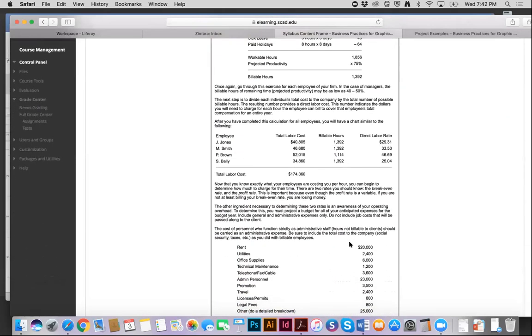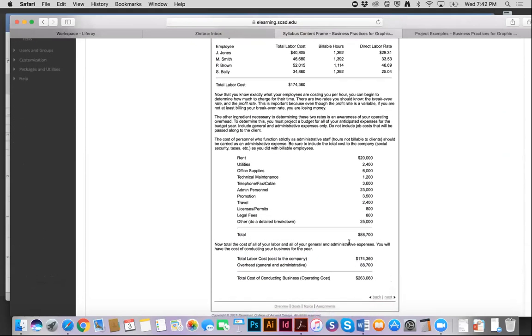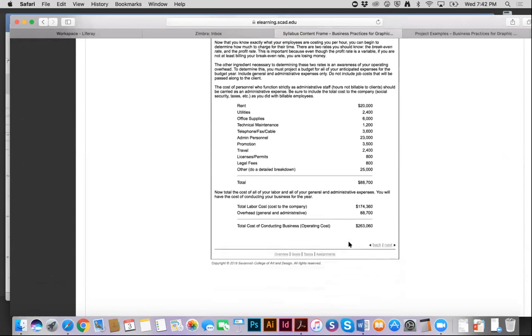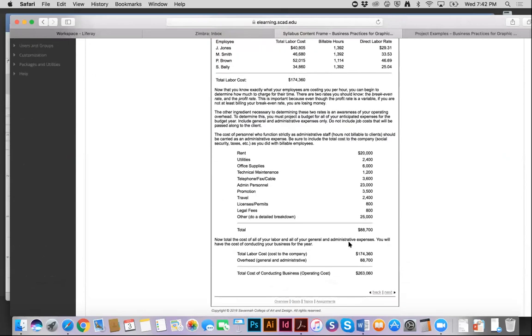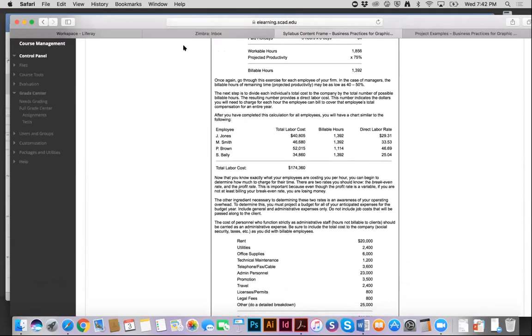So you get your total labor costs, then you have your overhead. Have you ever heard the term overhead? What would you say is the difference between your monthly nut and your overhead?